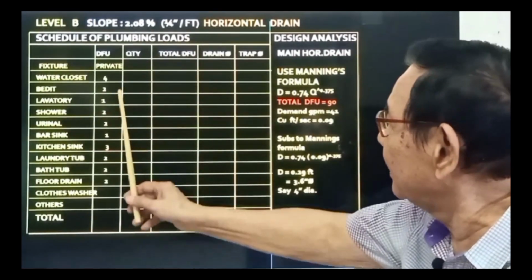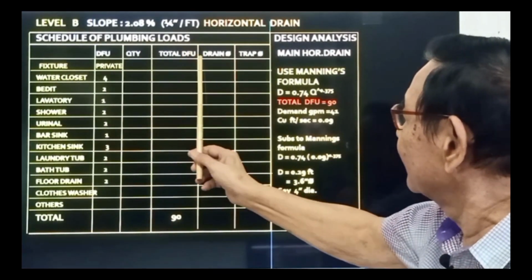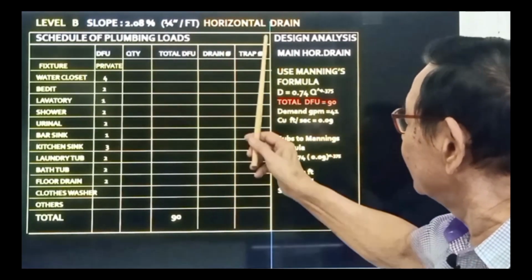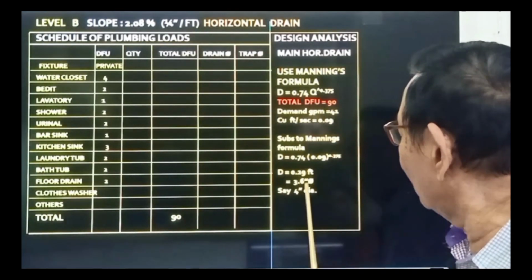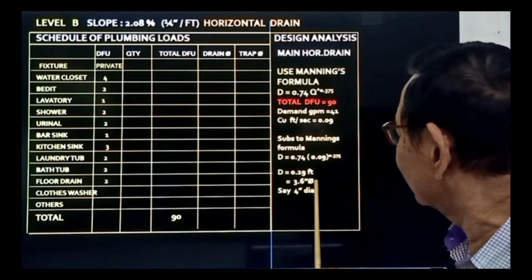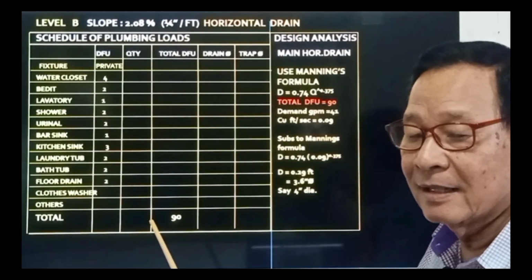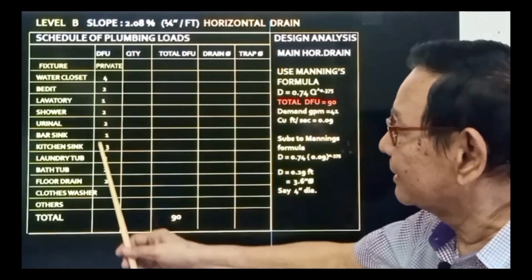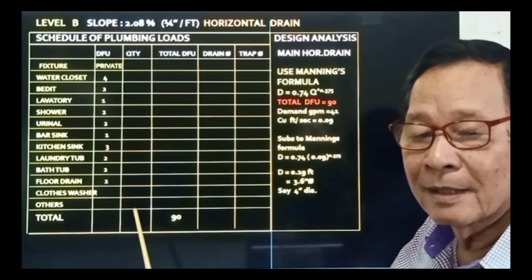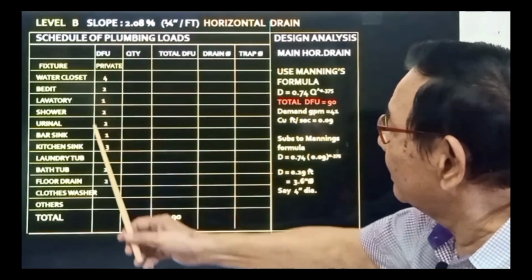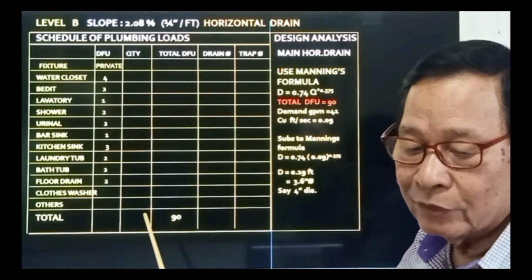Whatever the quantity is here, you put the quantity. So the drain diameter and the trap diameter. So 90 is equivalent to 3.6 inches diameter, or 4 inches diameter. So you solve the others in the tabulated table, using the equivalent schedule of plumbing loads.